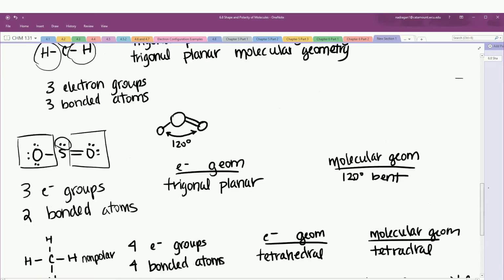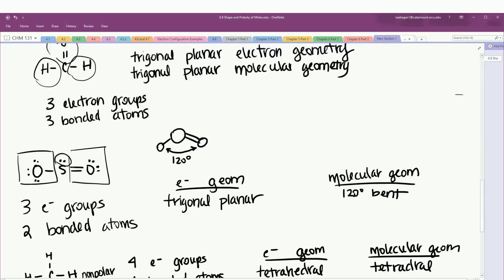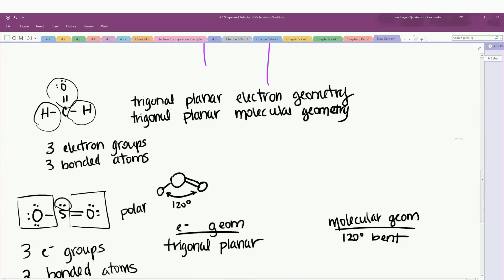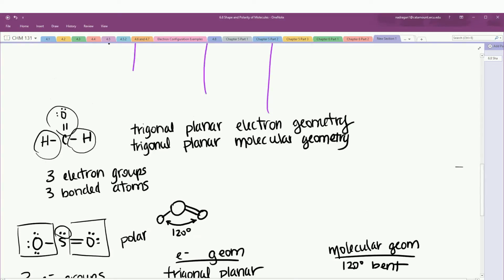If we go back to our other examples, SO2 is polar, it has a lone pair. And this molecule, it has 2 different atoms bonded around it. So even though it doesn't have a lone pair on our carbon, there are two different types of atoms connected to it. So this is also considered polar.